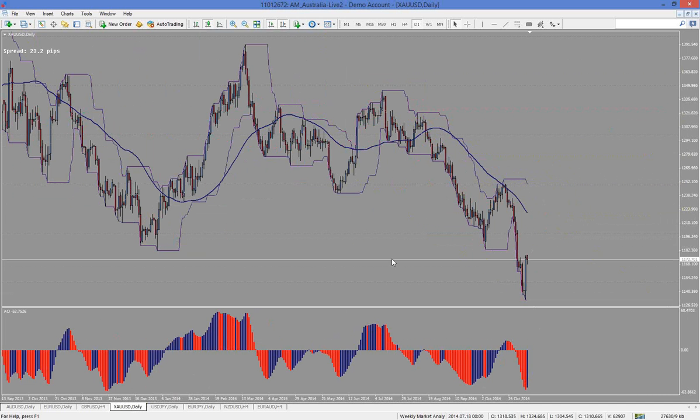Okay, gold. There's absolutely no way that I'm interested in buying gold at the moment. All the fundamentals, everything is pretty much all the US dollar strength has killed gold.